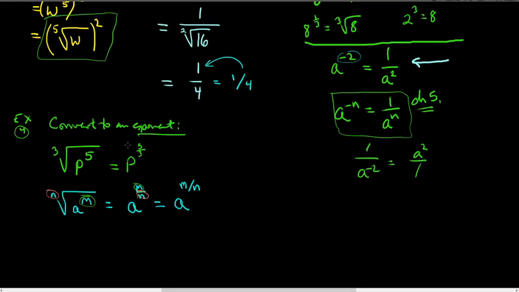So you can see that, again, on some of your screens, this might be really tiny here. So if it helps, you're allowed to write this as p to the power 5 over 3. So now you see why the book uses this instead of this.